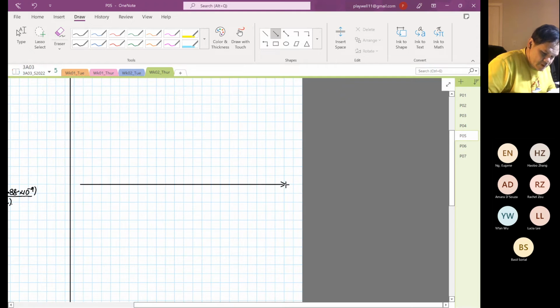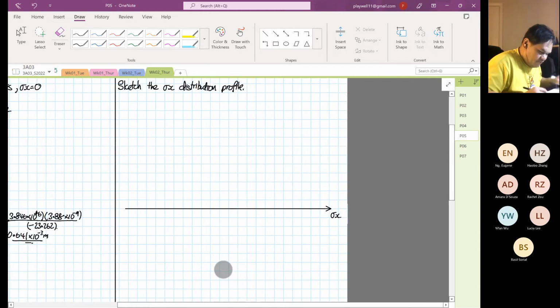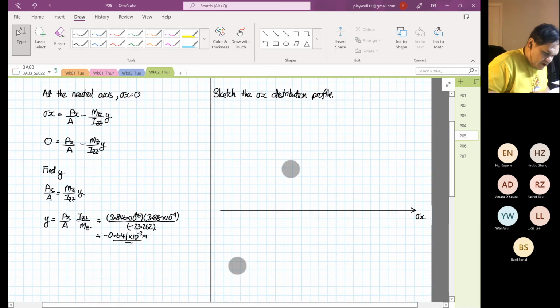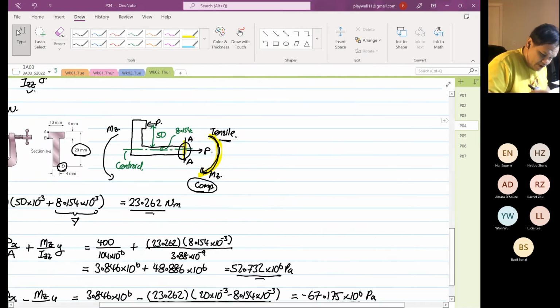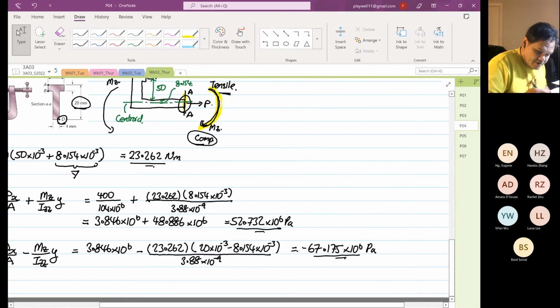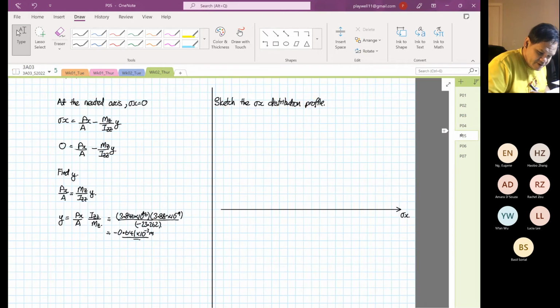So this is our stress X. If you look at our values, we have the extremes: 52 and minus 67.